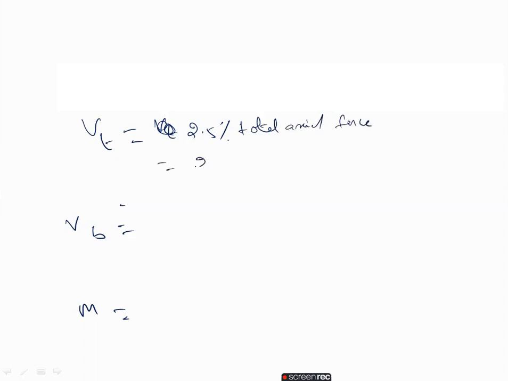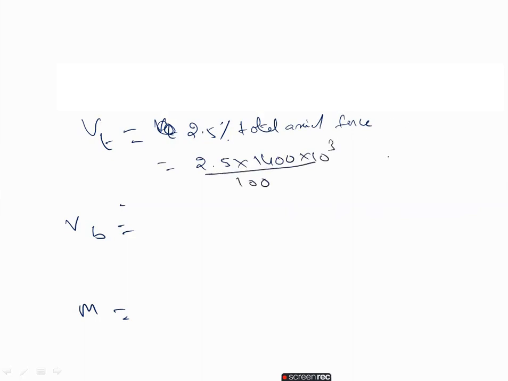Now we have to calculate VT, VB and M. These three formulas are available in the IS 800 code book. First, VT is nothing but 2.5 percent of the total axial force, that is 2.5 into 1400 into 10 cube by 100.